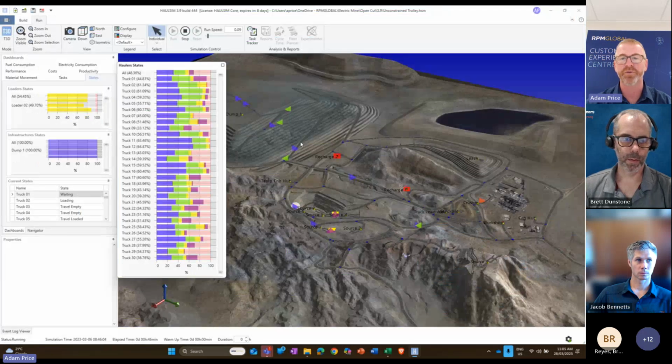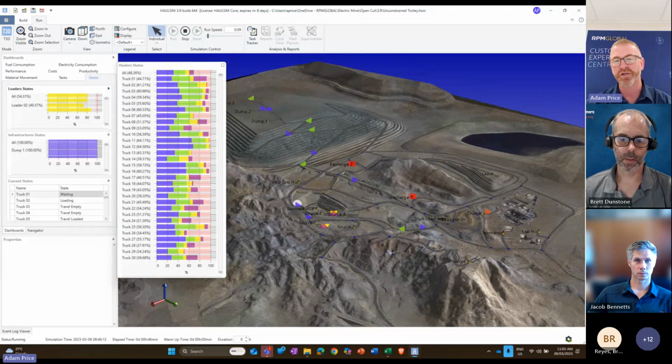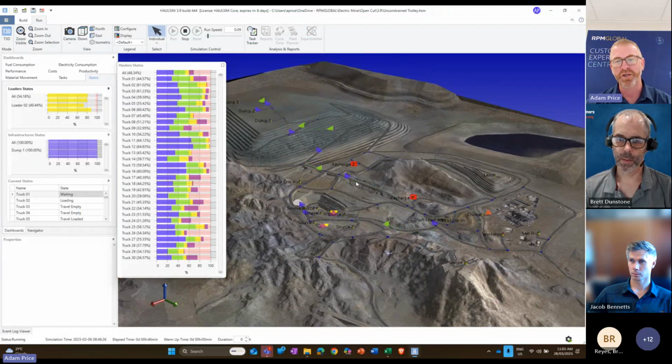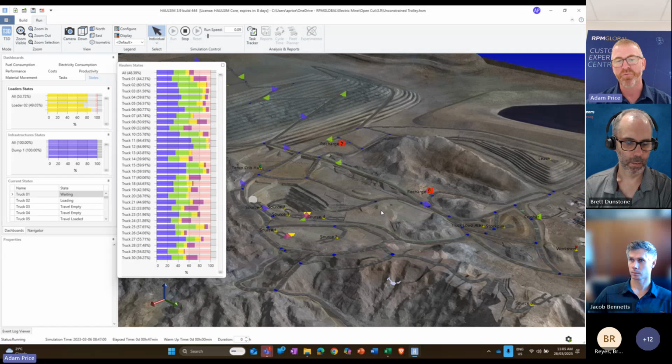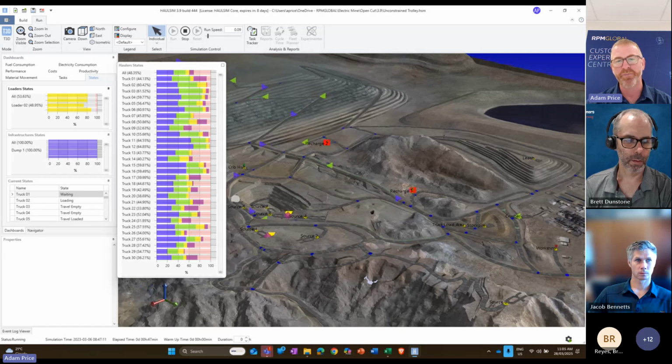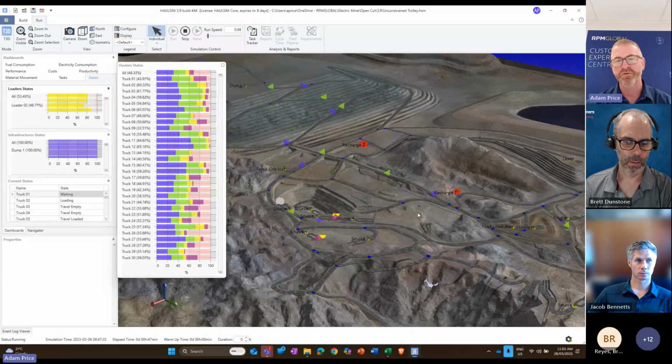What that means is that we're modelling all of the equipment on the mine site as individual pieces of equipment. We started building this software about 10 years ago, and there's been a lot of development that's gone into it over that 10 years.